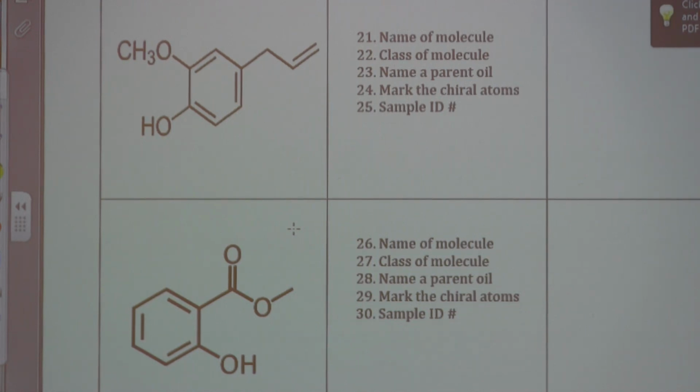Name the parent oil, you should have put either clove or cinnamon leaf. Not cinnamon bark, but cinnamon leaf would have been acceptable. Or I accepted, I think somebody put allspice. That was acceptable. That's a major component, allspice. And bay would have been another acceptable one.